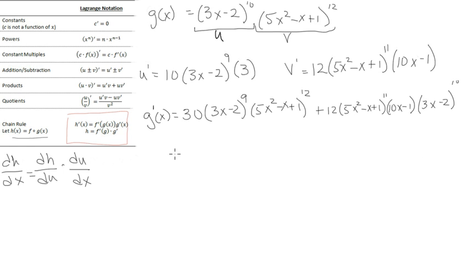We can factor things out here if we want to. I'm just going to go ahead and factor out the 3x minus 2. I take the smaller of the two powers, to the 9th, and 5x squared minus x plus 1, I take the smaller of the two powers, to the 11th, times, I left my constant there, 30.